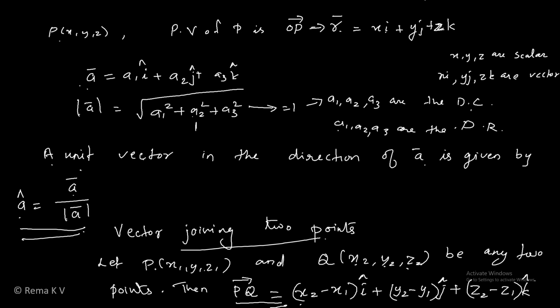So if you are given 2 points P and Q, then to write the vector PQ in component form, x2 minus x1 gives the scalar component along the x-axis: (x2 minus x1)i plus (y2 minus y1)j plus (z2 minus z1)k.